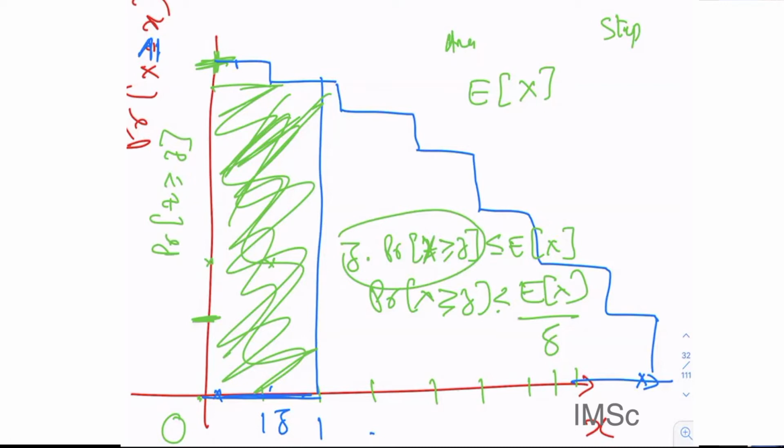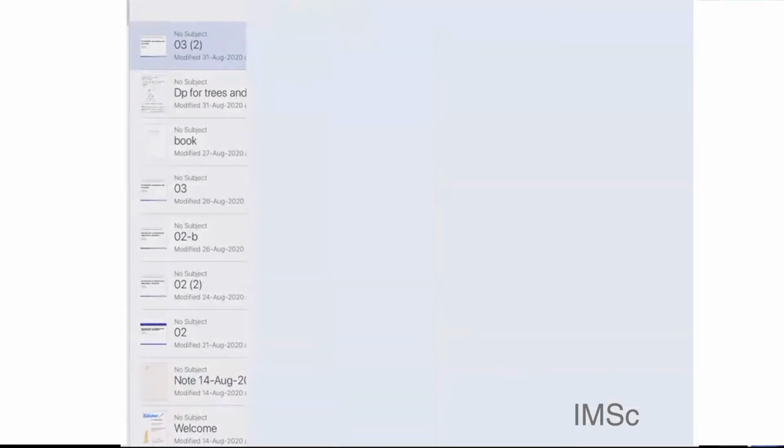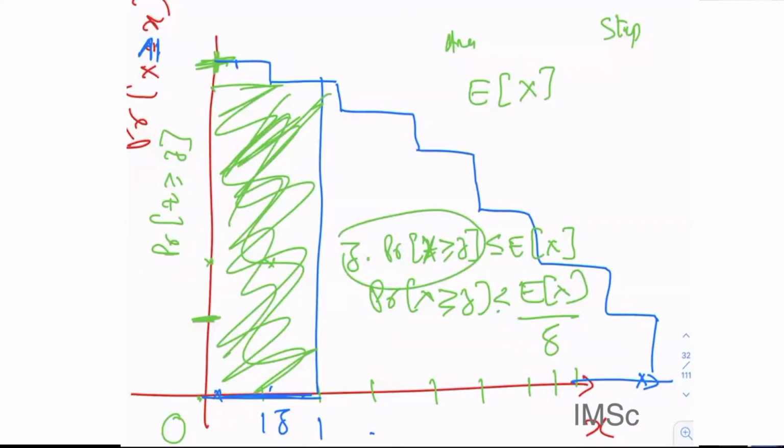Okay, so now let's see why this is useful for our purposes.